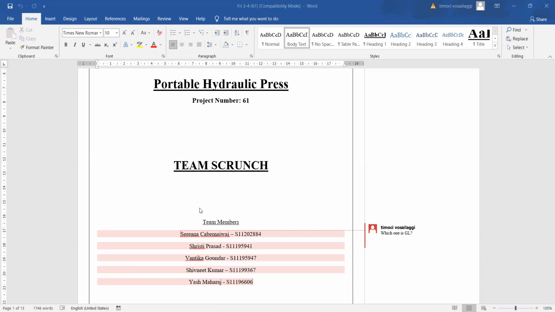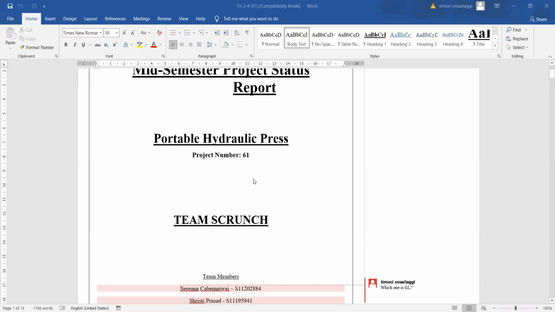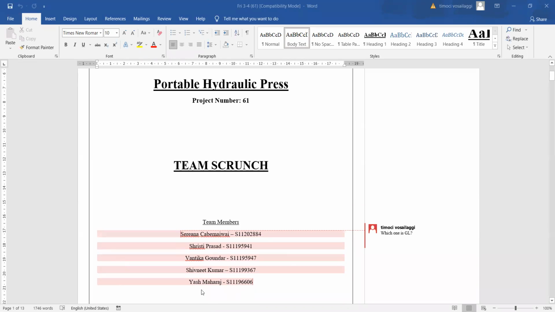Please, when you submit your report, include the tutorial session that you belong to, because your tutors will be the ones who mark it. So I want to be able to tell which ones are mine easily without having to try and search IDs. So if you can just include the tutorial session that you belong to and highlight which one of these members is your group leader. So just type GL next to your group member. I believe for this one, it was Shivneet, right?